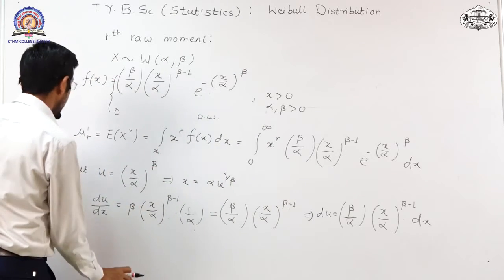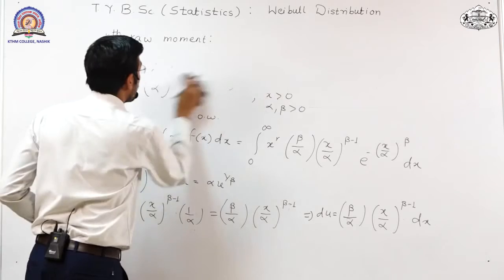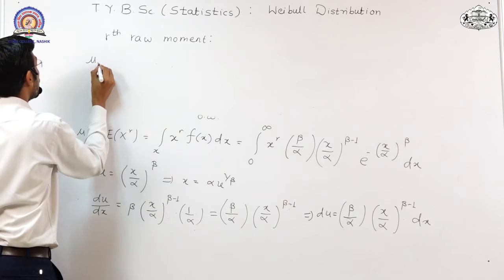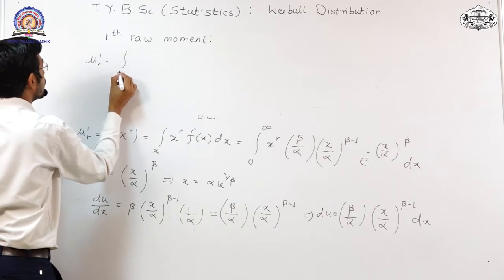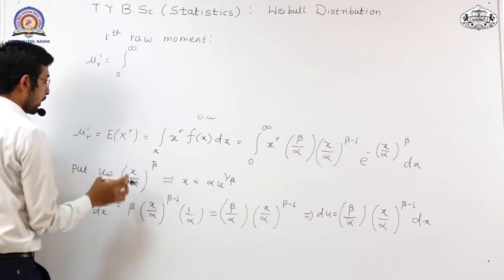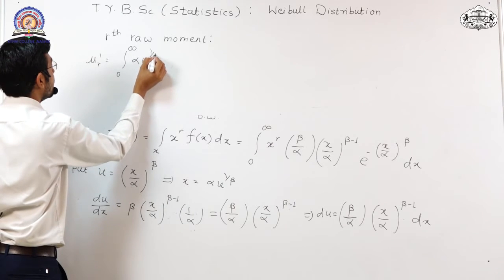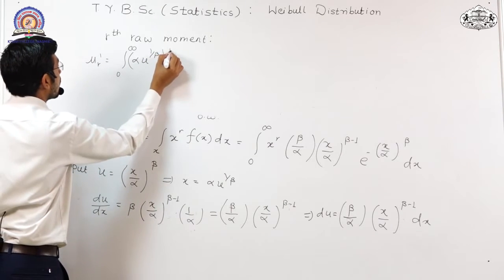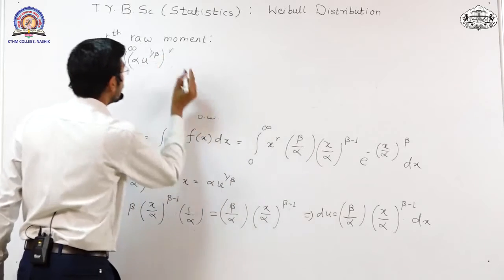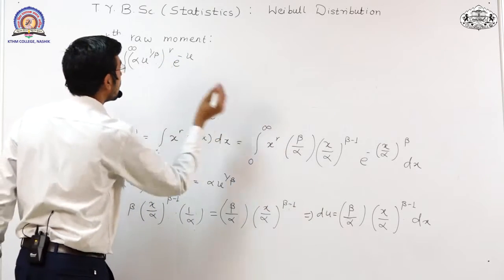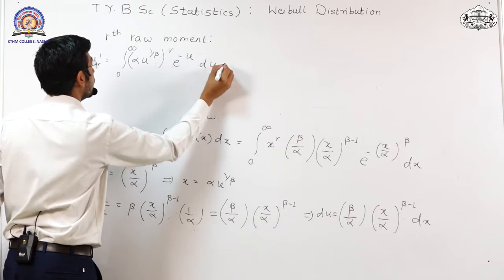So we get the rth raw moment, mu r dash, is equal to integration 0 to infinity, where x is (alpha into u raised to 1 upon beta) raised to r, e raised to minus u, and the remaining term is du.